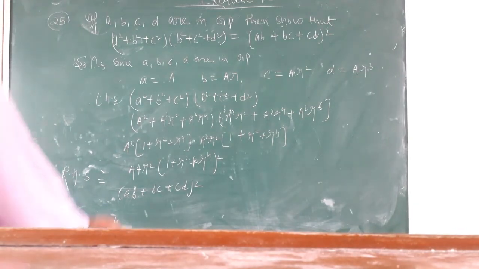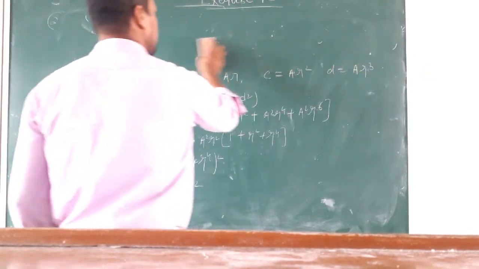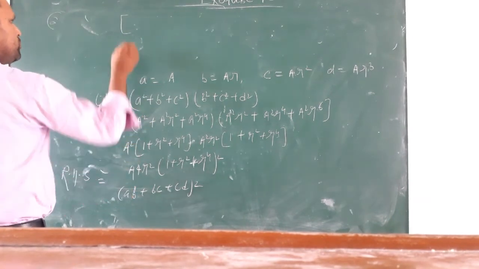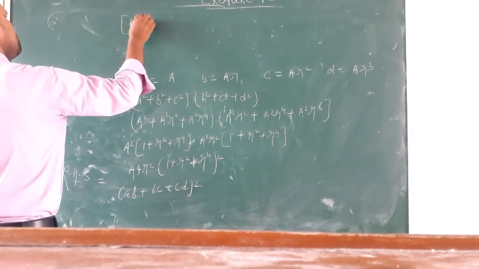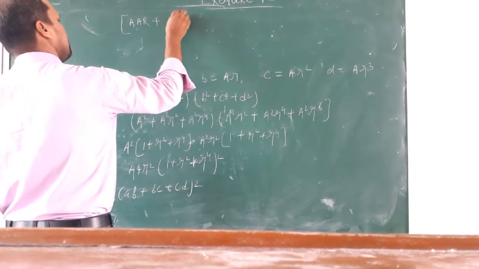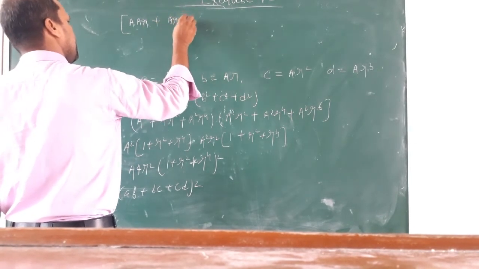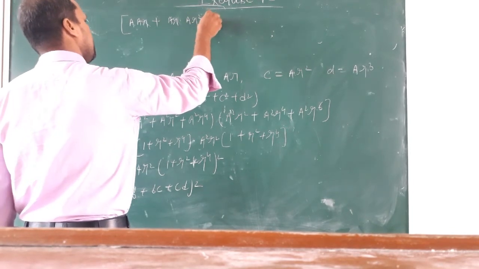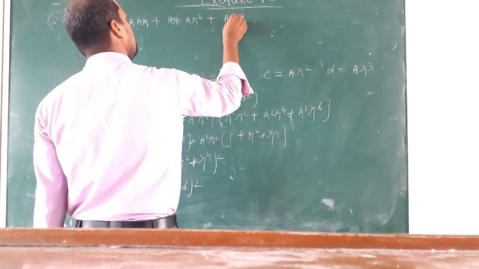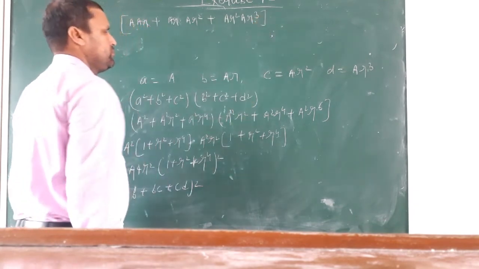Now I am going to put in the values: a equal to capital A and b equal to AR, so ab plus bc, with c equal to AR square, plus cd, where d is AR cube.